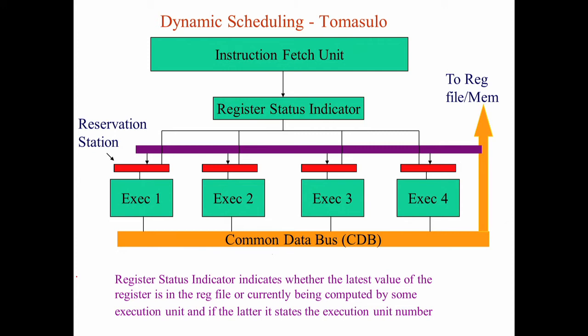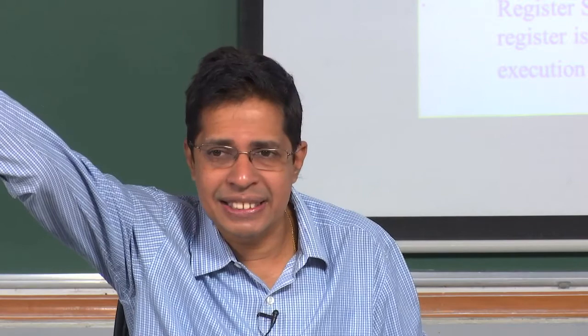Let me repeat, for every general purpose register like your EAX, EBX, or R1, R2 to R128, there will be one entry. That will not be just a bit, it can be an integer, and that entry will be 0 if the latest value I want, suppose I want the latest value of R4, is there in the register.